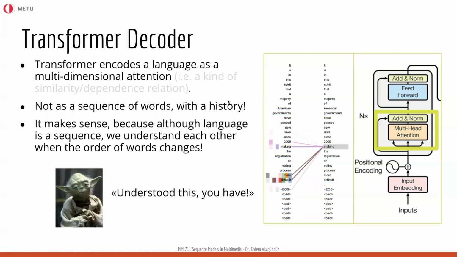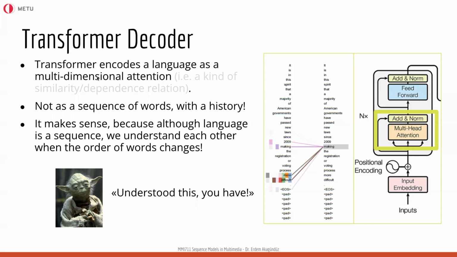Okay. Transformer decoder. Well, in the end of the encoder, you have features extracted from this sequence. The features include the position encoding, the interrelation between the words in multiple dimensions. So the transformer encoded the sequence, let's call it a language, using multidimensional attention.